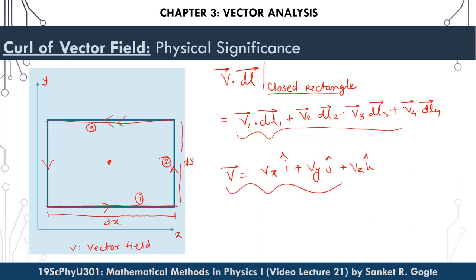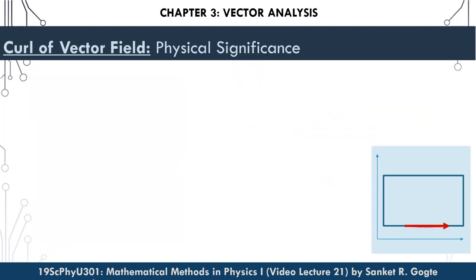Now let's calculate each of these dot products one by one. So this red arrow here in the figure denotes the dot product which is being calculated. We are calculating the first dot product v1 dot dl1. Let's first figure out what is dl1. This is x-axis, this is y-axis, so that z-axis is perpendicular to the screen coming towards you, and therefore we are considering the path which is counterclockwise.